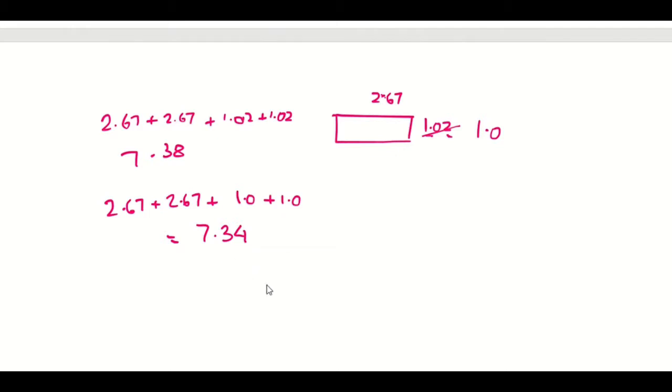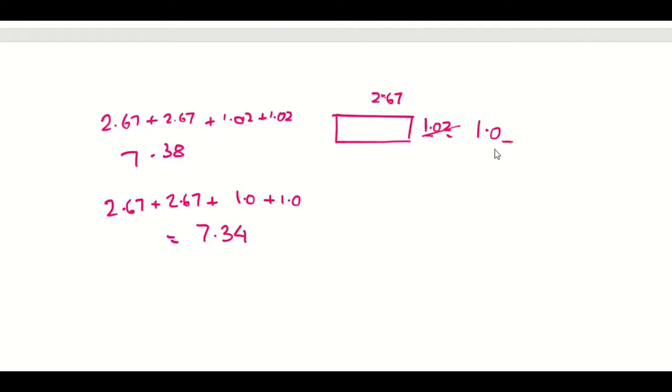But can we write it like this? Because this is the 10th place and the 100th place is missing. This is the 100th place. So because this is in the 100th place is a certain accuracy, the accuracy here is only to the 10th place. By adding numbers or by mathematical manipulation, you cannot increase the accuracy.